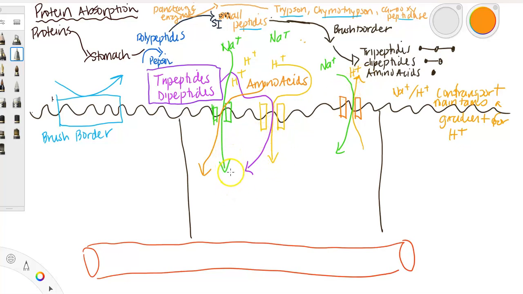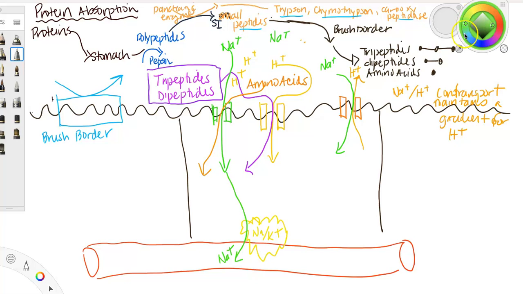All right, so in order to keep sodium coming in, of course, we have our friend here, this sodium-potassium pump. Okay, so we're getting sodium coming in and coming out as well. And then of course we have potassium coming in here.